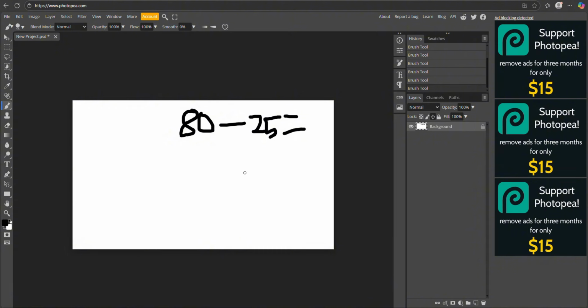You don't want to write it like this. You want to write it like this, because this way it can be easier to show the method I'm showing you to make subtraction easier.